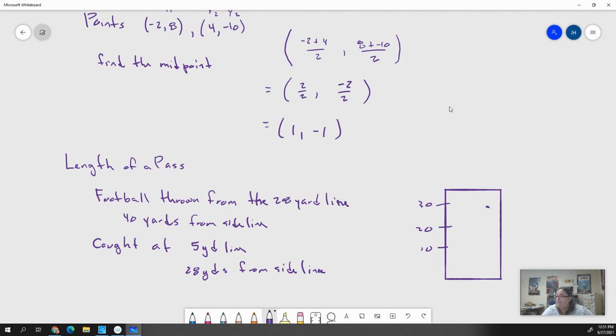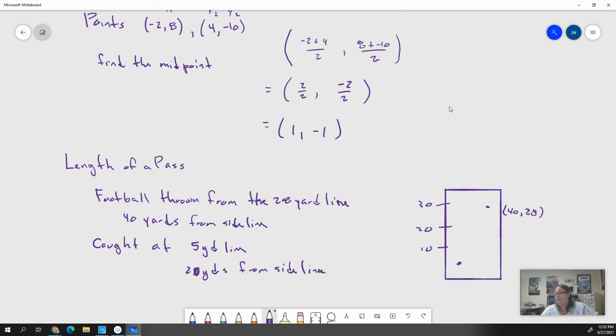So we can call this 40, right? Because my X value, this is 40 yards away. 28. It's just a point, right? 40, 28. This one is caught at the 5-yard line, 20 yards away. Oh, sorry, this was supposed to be 20.